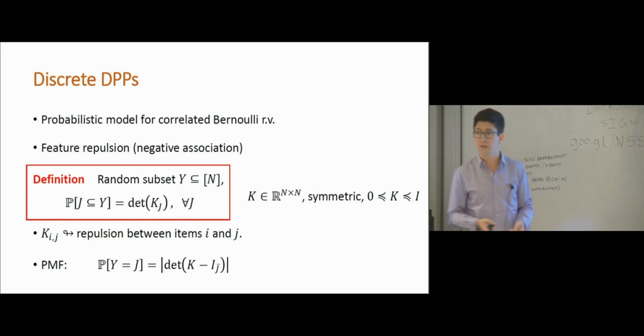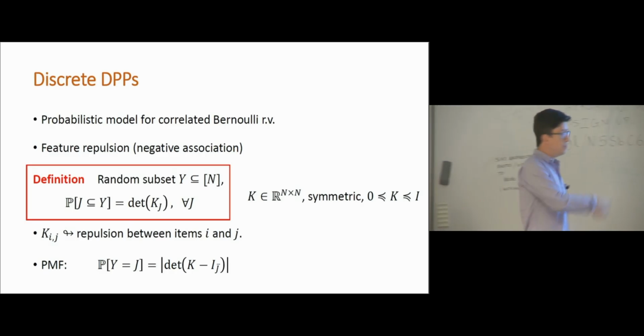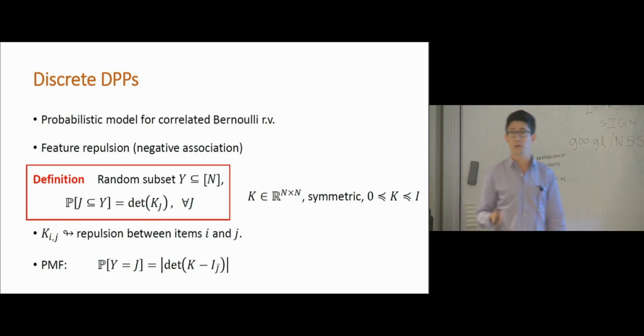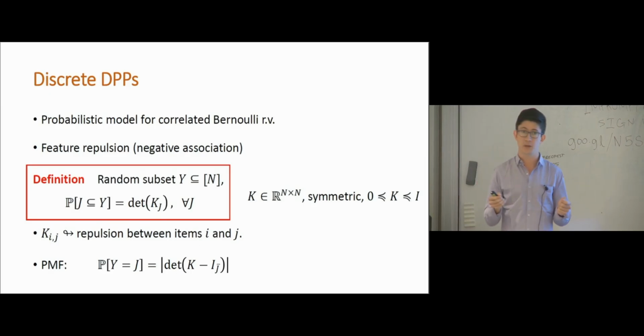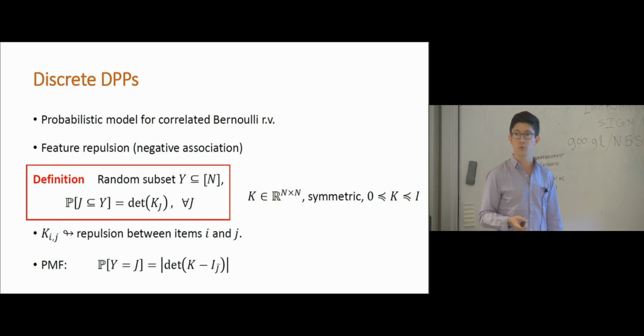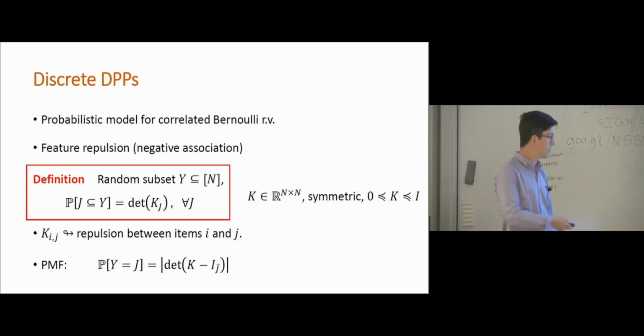It's sufficient and necessary to assume that all the eigenvalues of K are between 0 and 1. You can see in the paper, for example, that K_ij encodes the repulsion between items i and j. And using the inclusion-exclusion principle, you can, from the definition, find the probability mass function of the DPP, and it has this formula.